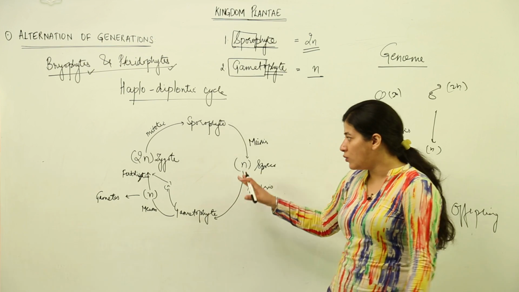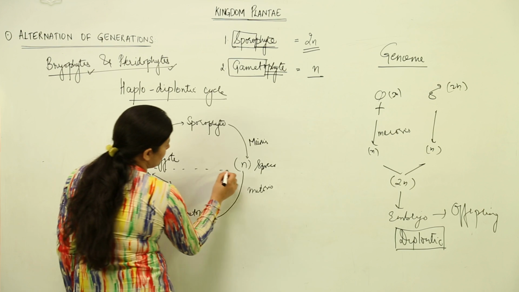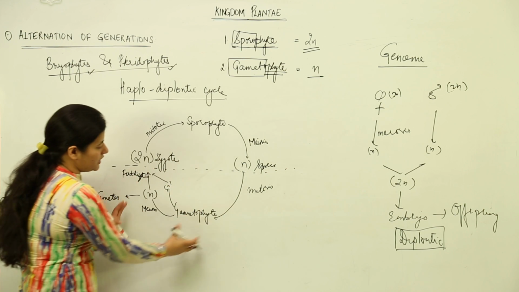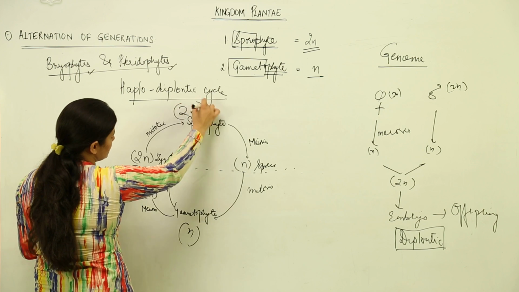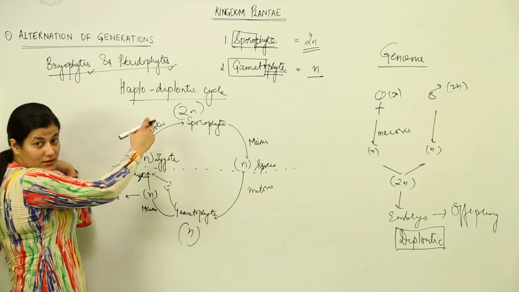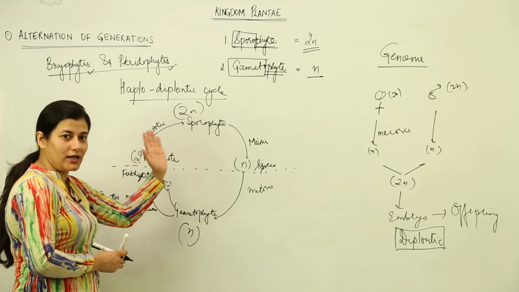Now what you see over here is that half of the plant's life cycle is spent in n stage and the rest is spent in 2n stage. So both the sporophytic and the gametophytic generations are walking hand in hand, and there is alternation that is present.